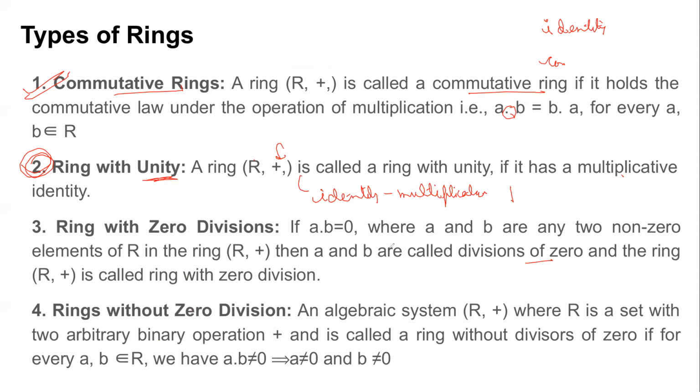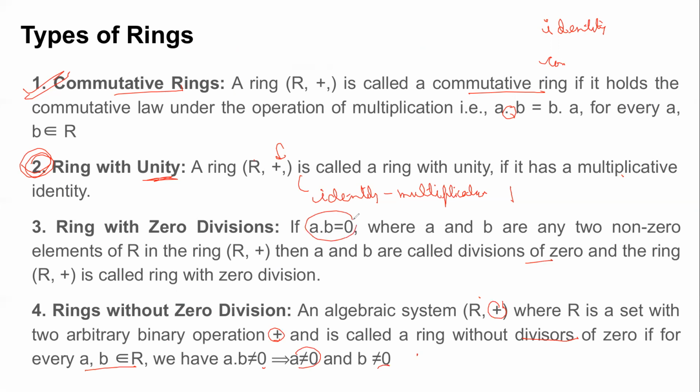And similarly, the opposite of this: if you have an algebraic system R with the two binary operations of addition and multiplication, it is said to be a ring without divisors of 0 if for any elements a and b in R, ab is not equal to 0 unless neither of the two is 0.